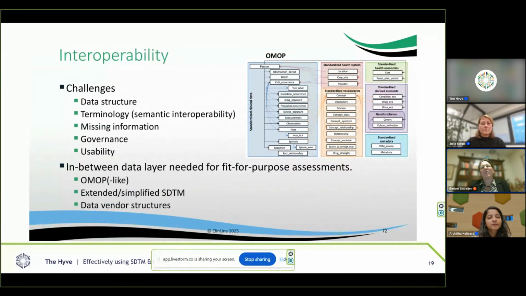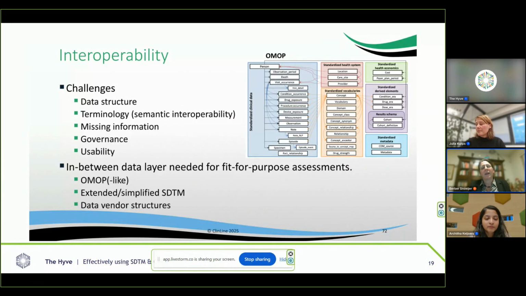So the interoperability between the standards is, of course, challenging. You need to do some mapping, etc. So different data structures, different terminology. Sometimes you have missing information that you need. The governance of the different models is sometimes difficult, and also the usability.